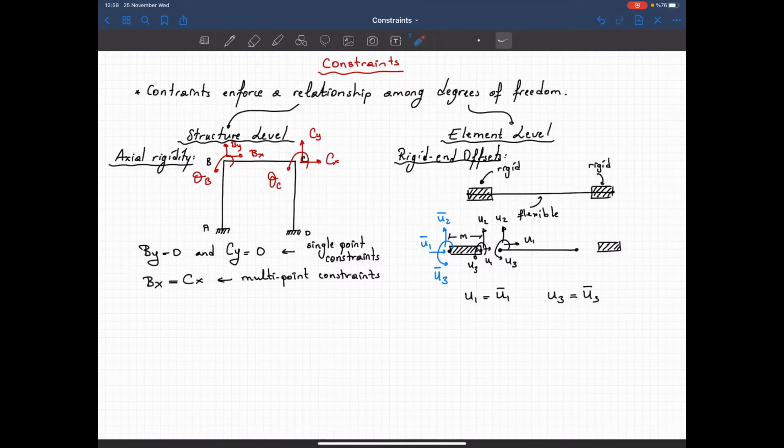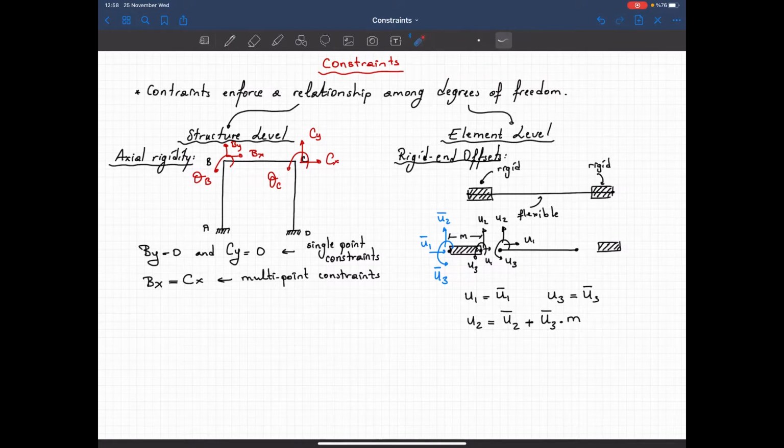But the story is different in the vertical translation, because this point can translate. This must translate by the same amount, plus since I have a rotation here, I should have this additional translation. Okay, so u2 must be equal to u2 hat plus u3 hat multiplied by the length of the rigid portion.